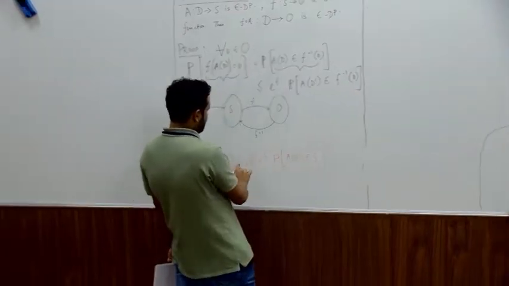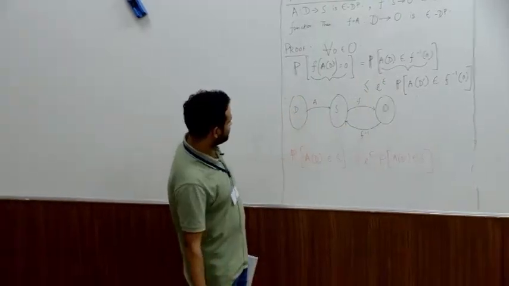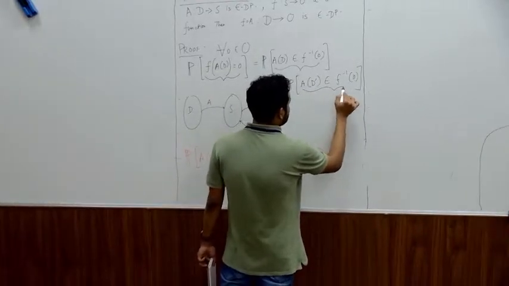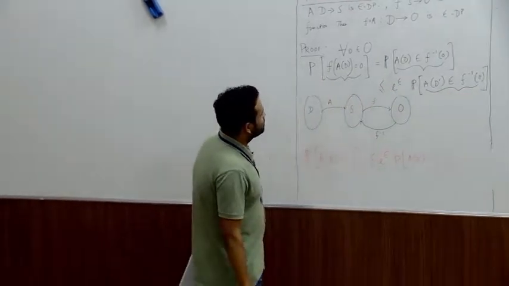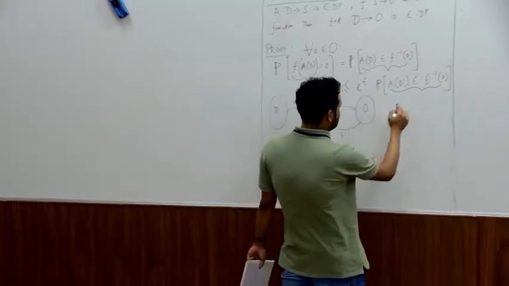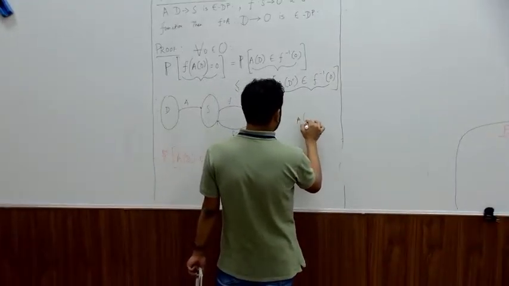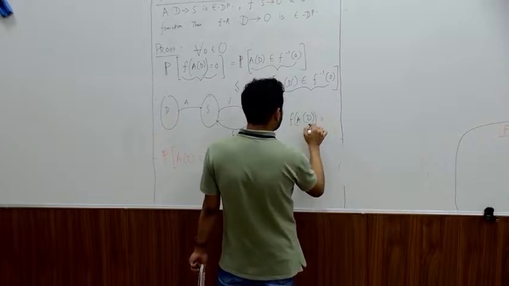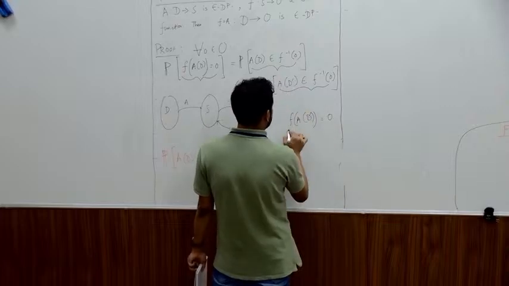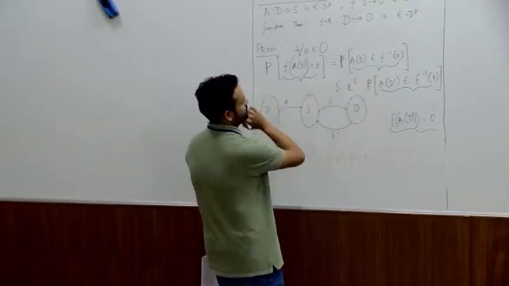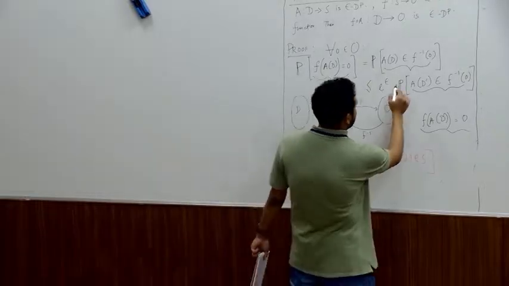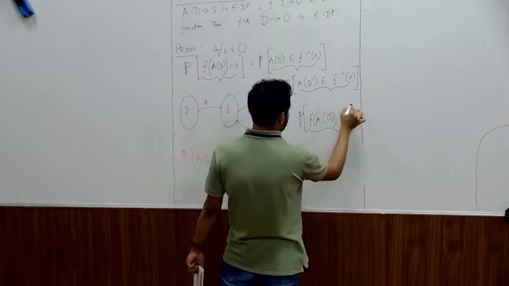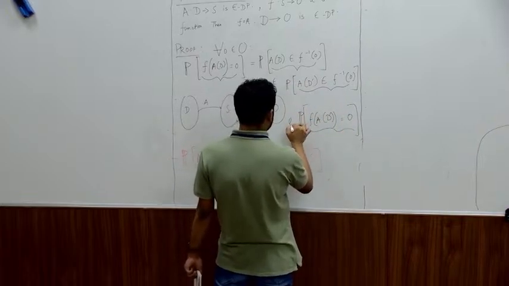Now A(D') belongs to f inverse of o is the same event as f(A(D')) equals o, by a similar argument as before.